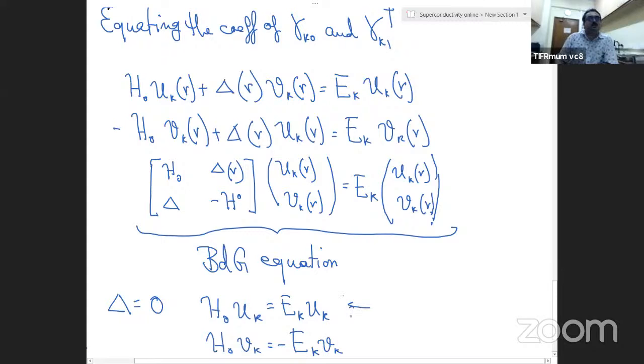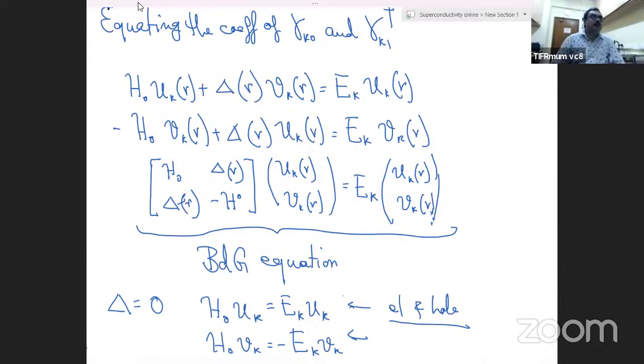So this is the well-known equation for electron and hole. But if I am dealing with a superconductor, then I have this delta of R here, which means that these two equations are no longer decoupled, but they get coupled through these two cross terms. Therefore, I have to solve the full matrix equation.